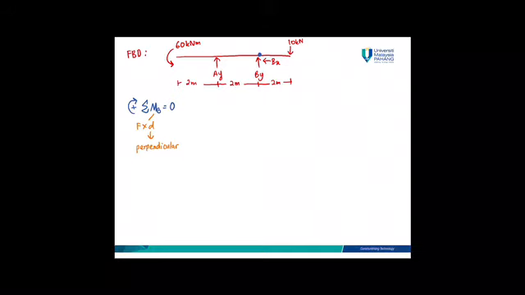The 60 kilonewton meter rotates towards B, so it is negative 60, and then AY rotates towards B. AY is a force, plus AY, the perpendicular distance is 2, and then plus 10 rotates towards B, the distance is 2, is equal to 0, and then AY is equal to 20 kilonewton.